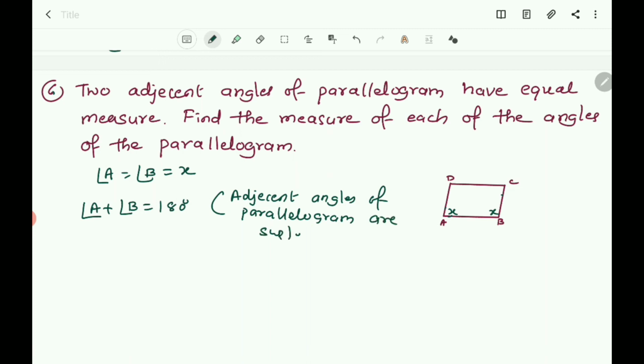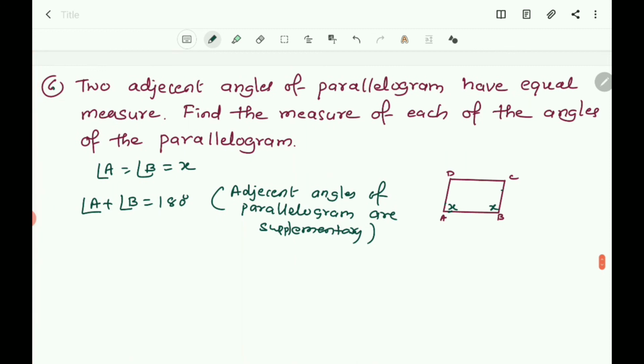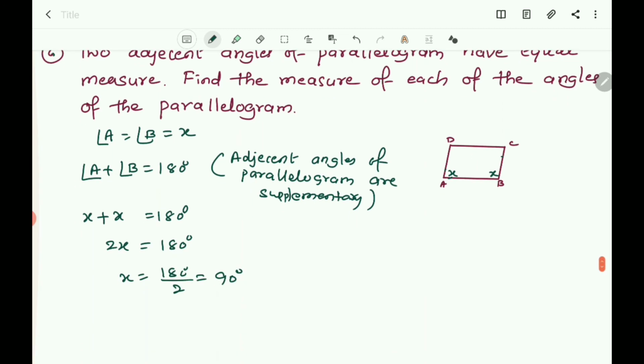Supplementary means their sum is 180 degrees. So angle A is x, angle B is also x, and x plus x equals 180 degrees. So 2x equals 180 degrees. Then x equals 180 degrees divided by 2, which is 90 degrees. So angle A equals angle B, both equal to 90 degrees. And as A is 90 degrees, C must also be 90 degrees.